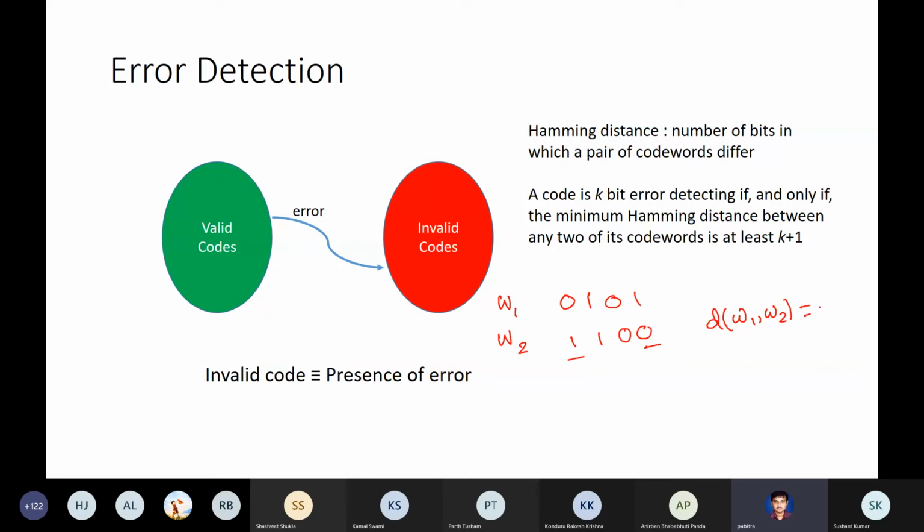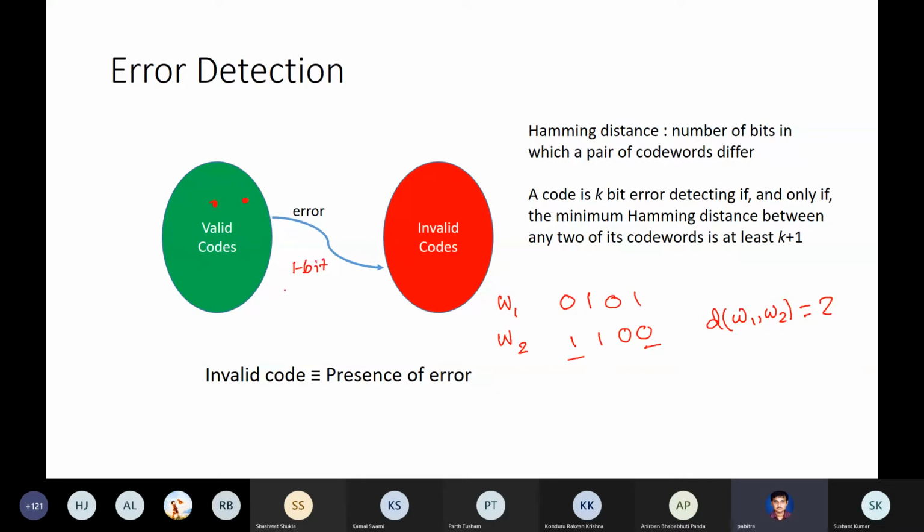Okay, so now one property becomes clear: if you take any two valid code words, their minimum distance matters. The error may be a 1-bit error, the simplest, or it can be a k-bit error. A 1-bit error means only 1 bit has been flipped.